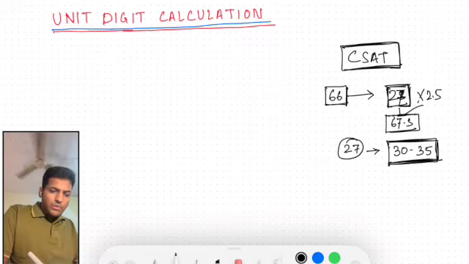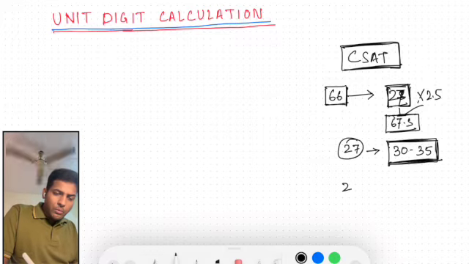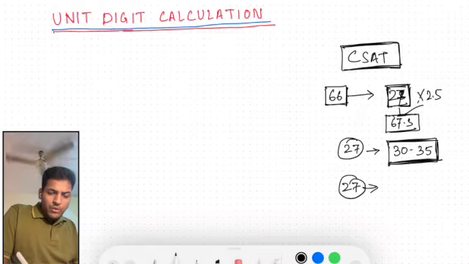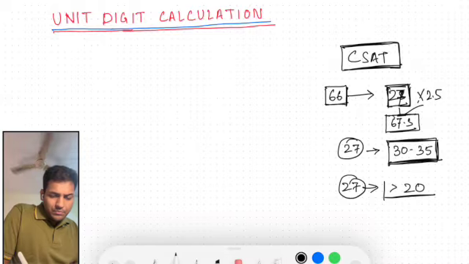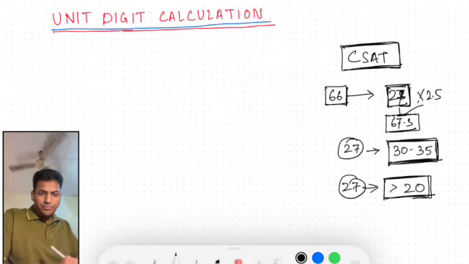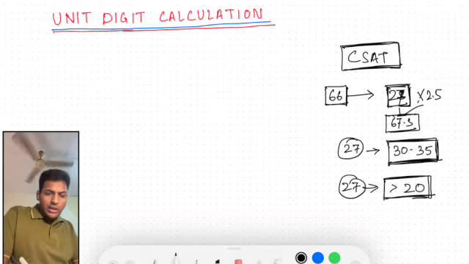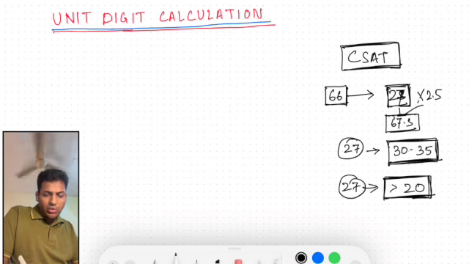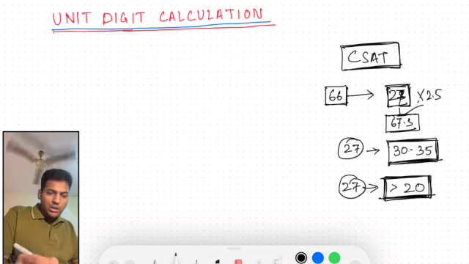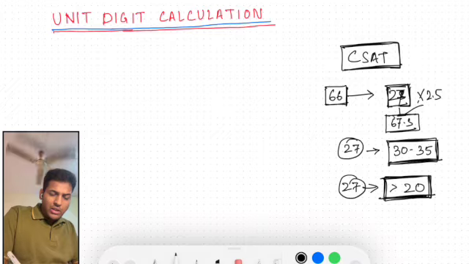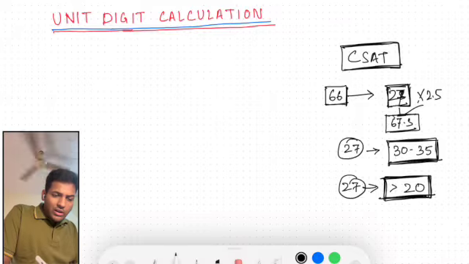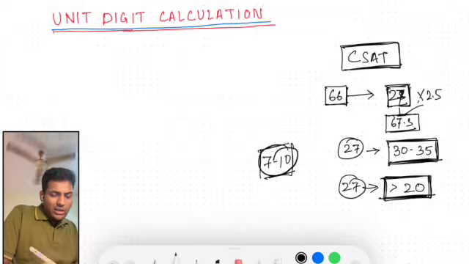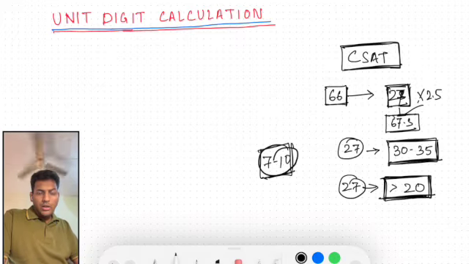Now there are already 27 comprehension questions, of which you should be getting at least 20 correct. In case your mathematics is weaker, you just need 7 to 10 questions from the mathematics side to come to your side, and then you can easily pass the CSAT.